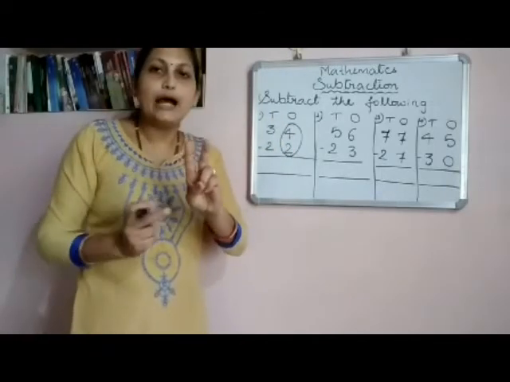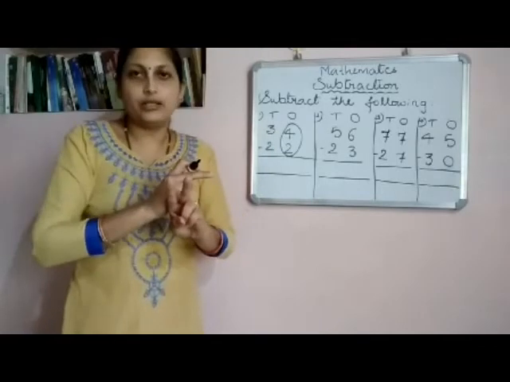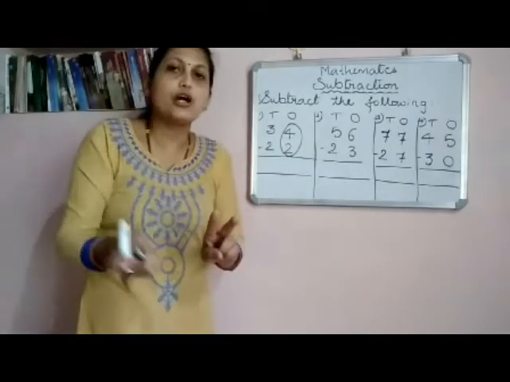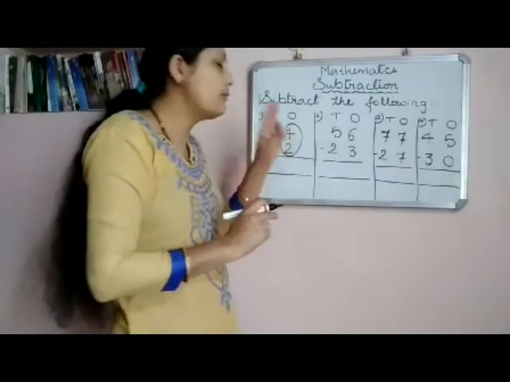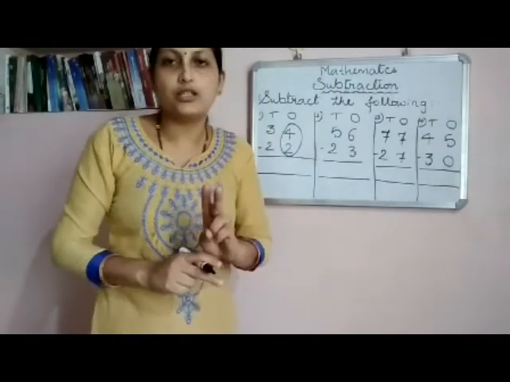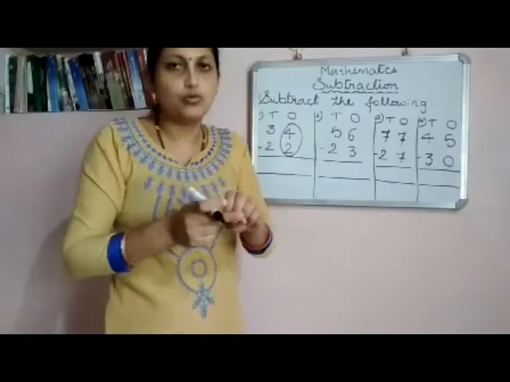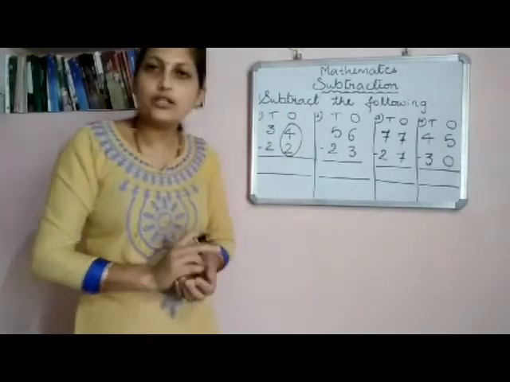Here you have to count backward. So in addition you were counting forward. Here you have to count backward. So 4 minus. So 4 before is what? 4 before 3, 2. So 4 minus 2 is what? 2.